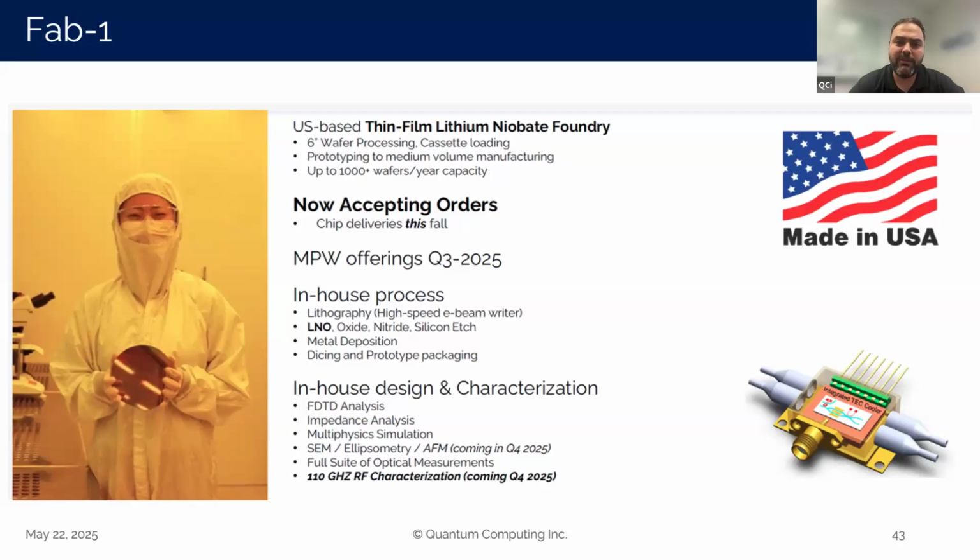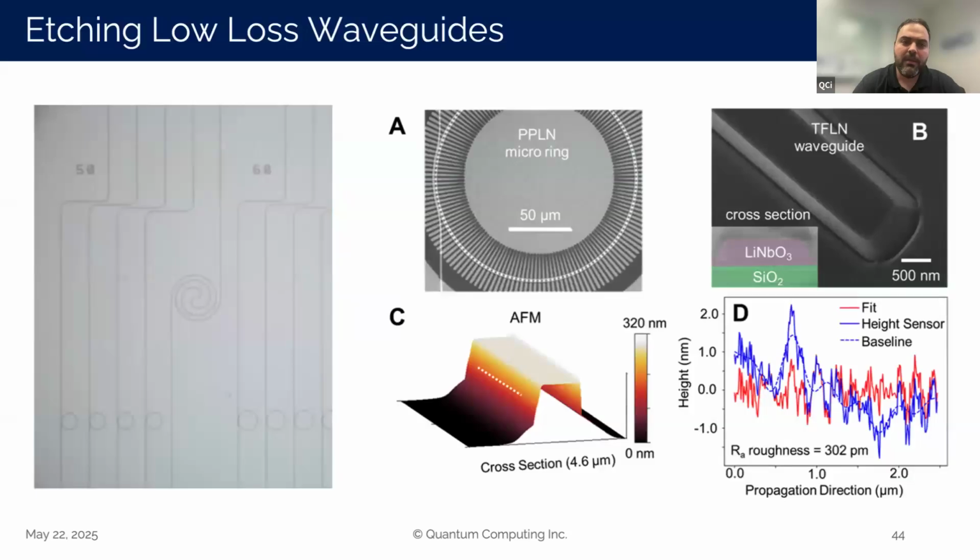We also have a team of experts in these fields, in PIC design and in characterization. We have in-house capabilities to assist you with FDTD simulations, impedance matching, impedance analysis, and characterization as well. And we are looking into adding 100 gigahertz RF characterization testing and measurement capability to our facility later this year. We expect that to be in Q4 of this year.